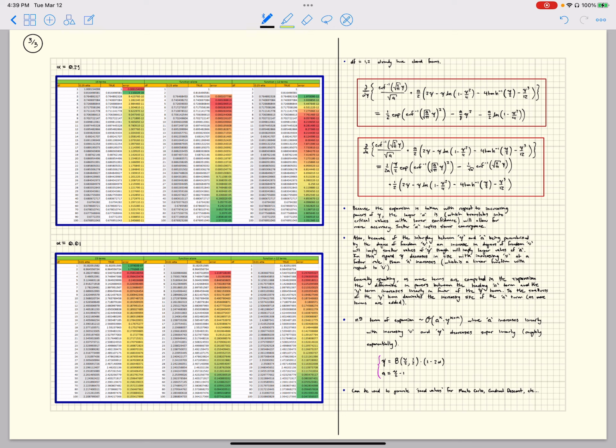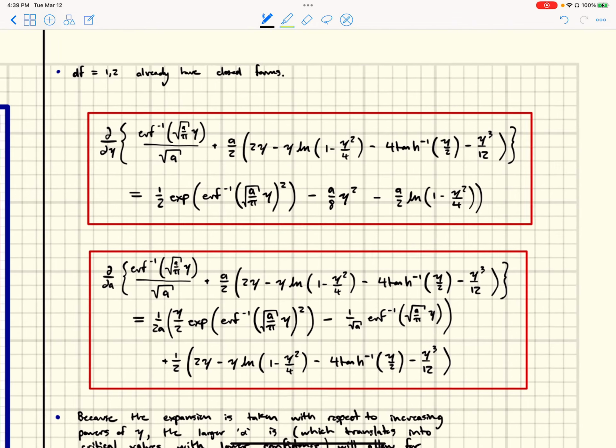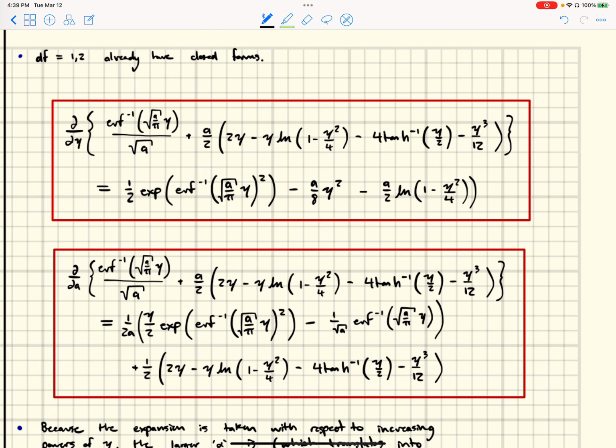Ultimately, that comes down to computing derivatives of functions. So what I wanted was a nice function I can calculate the derivatives of. And so here, I do calculate those derivatives.